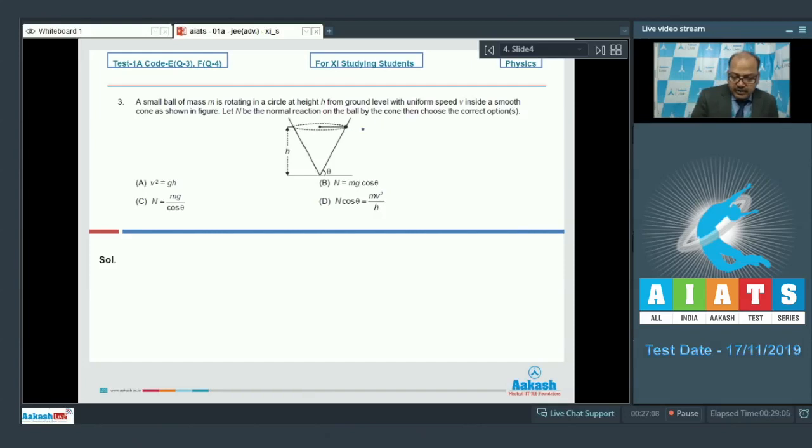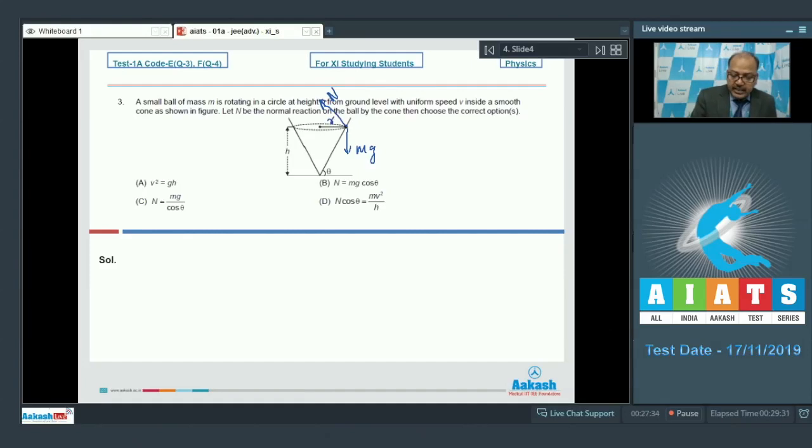So let's draw the free body diagram. So there is this force mg, weight of the particle. There is this normal reaction, and under the action of these two forces, the particle is performing a circular motion, right? Because it says the ball is rotating in a circle of height h from ground level.